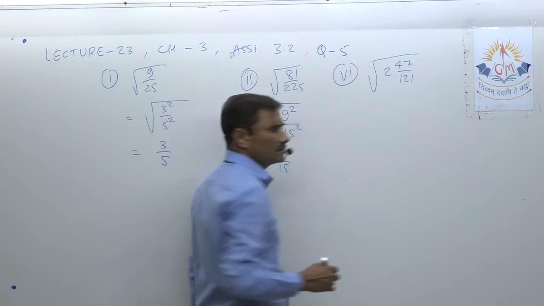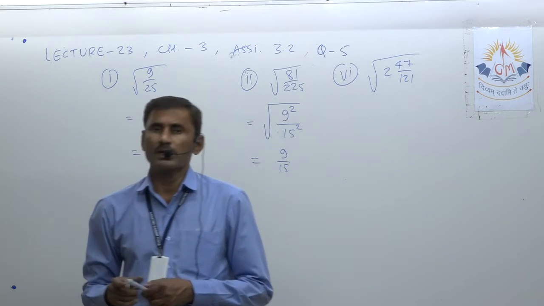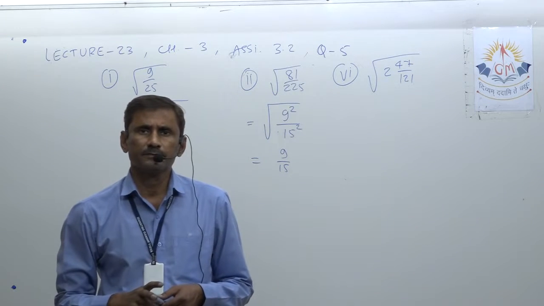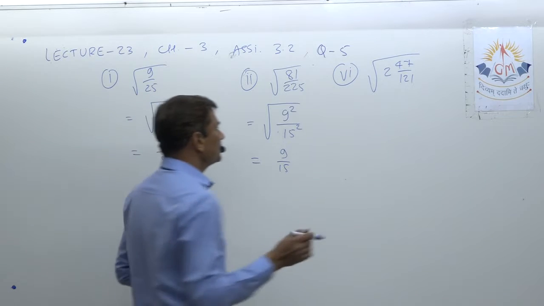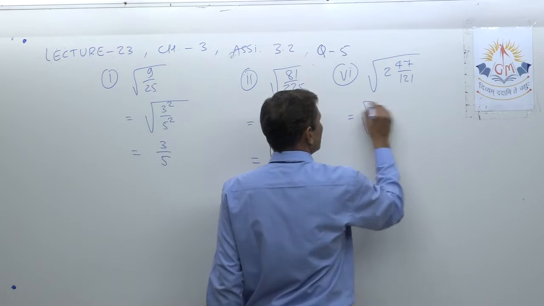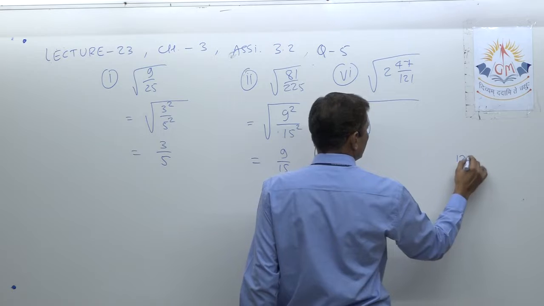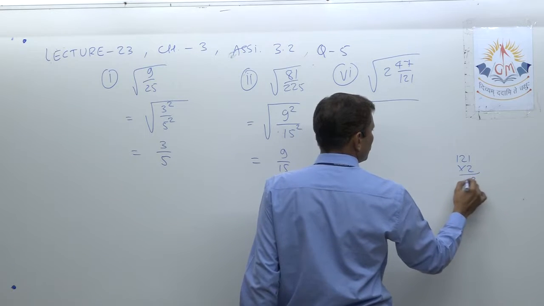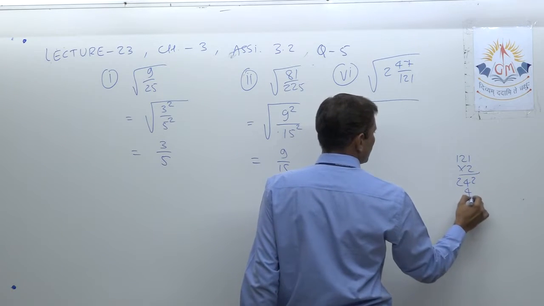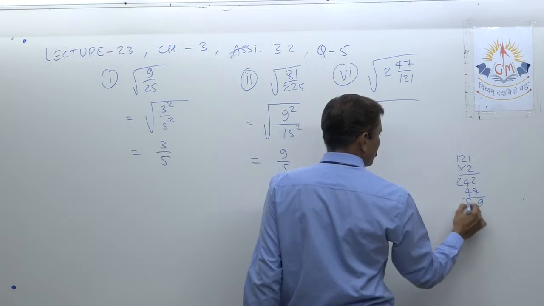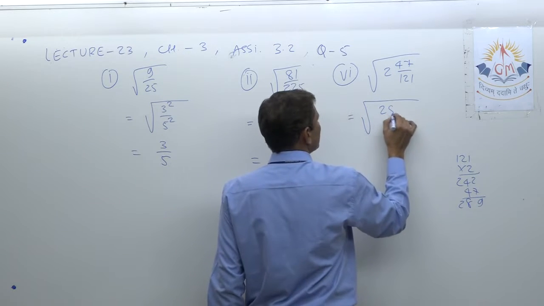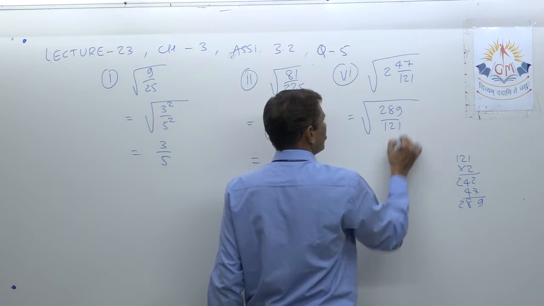First of all, you should convert the mixed fraction into an improper fraction. So it is 121 into 2, so it will be 242, plus 47, so it will be 289. So it becomes 289 upon 121.